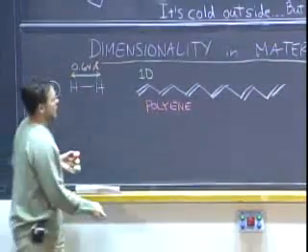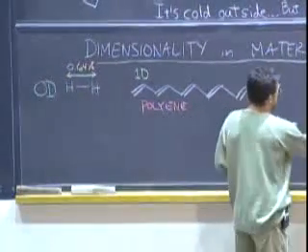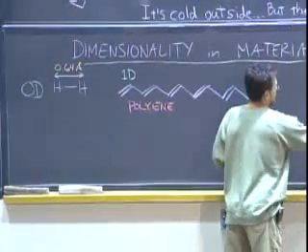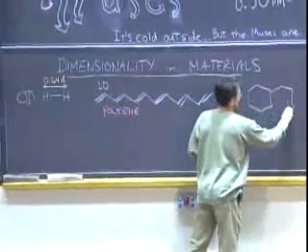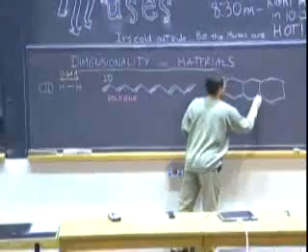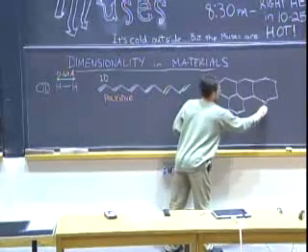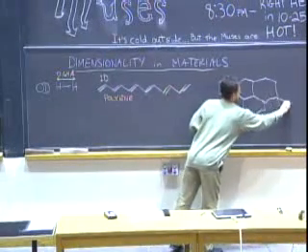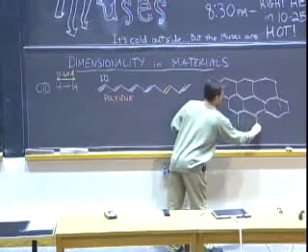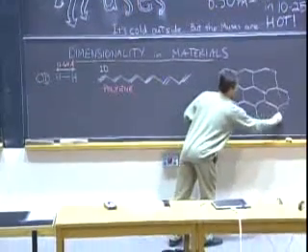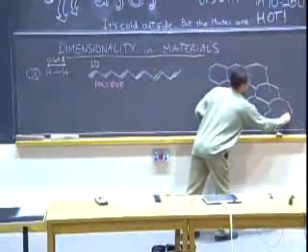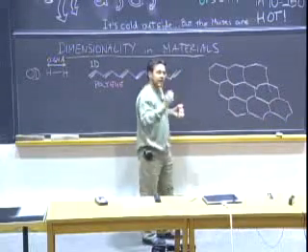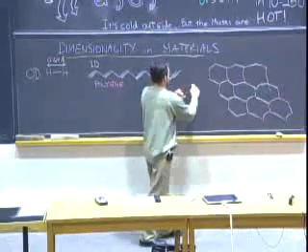And then, as an example of a two-dimensional system, let me just draw up here a piece of one of the sheets of the graphite structure. So graphite is one of the allotropes of carbon, and graphite is a really nice 2D structure.